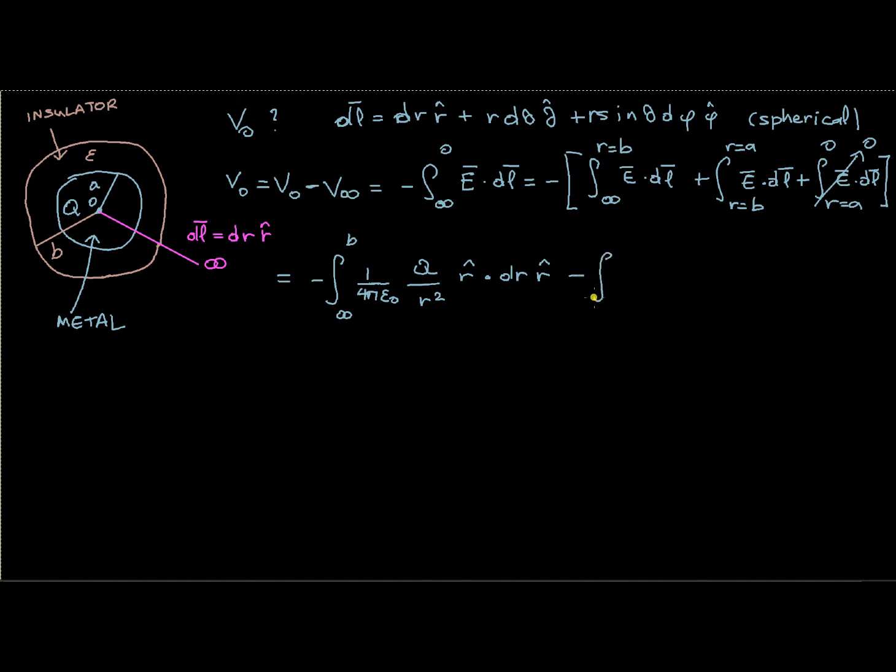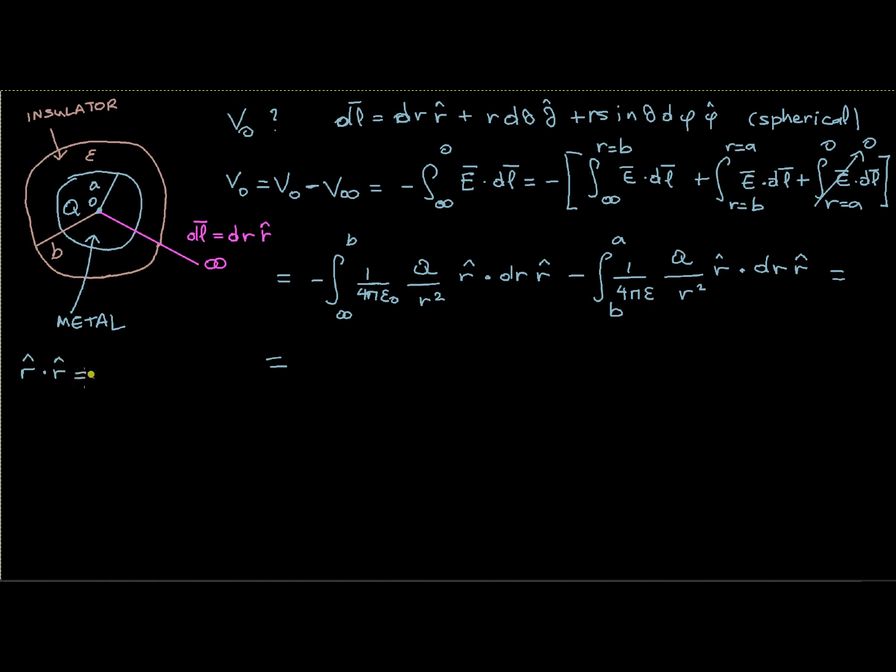Minus, now going from b to a, of 1 over 4 pi epsilon. Pay attention, this is epsilon, not epsilon naught. This is the dielectric constant. Q over r squared, again r hat dot product with dr r hat. Now remember, because I have r hat dot r hat, this will give me 1. You have to remember this property of unit vectors.